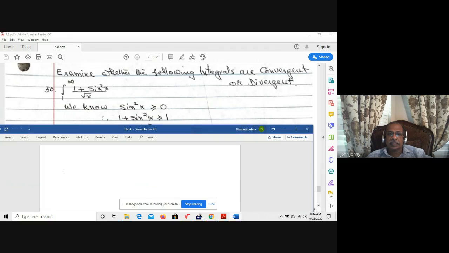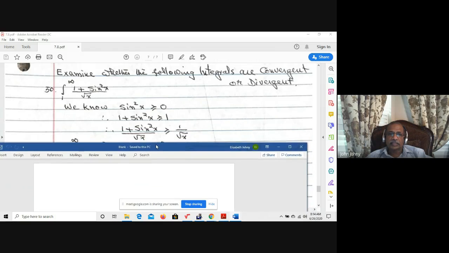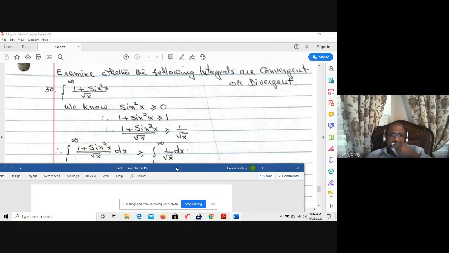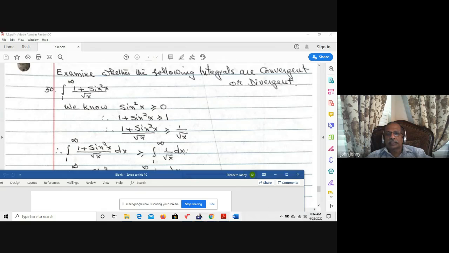So 1 plus sine squared x is greater than or equal to 1. Therefore, (1 plus sine squared x) over square root of x is greater than or equal to 1 over square root of x. Therefore, the integral from 1 to infinity of (1 plus sine squared x) over square root of x dx is greater than or equal to the integral from 1 to infinity of 1 over square root of x dx.